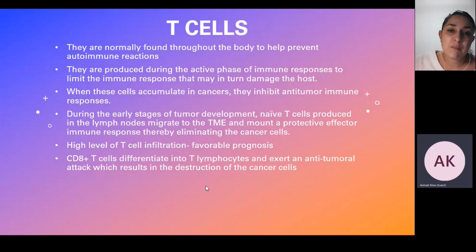When these cells accumulate in cancers, they inhibit anti-tumor immune responses. During the early stages of tumor development, naive T cells produced in the lymph nodes migrate to the TME and mount a protective effector immune response, thereby eliminating the cancer cells. That's how they destroy them. They mount onto them and they shrink them.